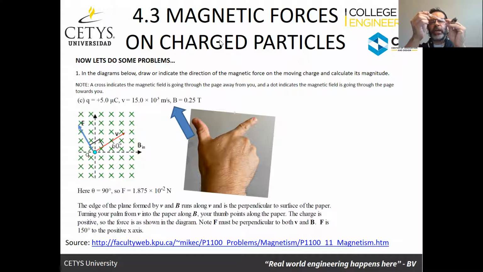Omar, regardless of how I move this, which is the blue pen, regardless of how I move this vector, what is the angle between the velocity vector and the magnetic field vector?